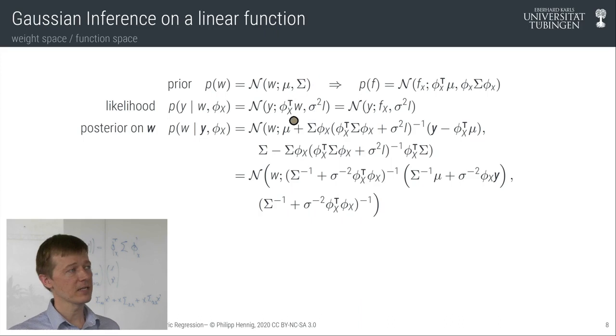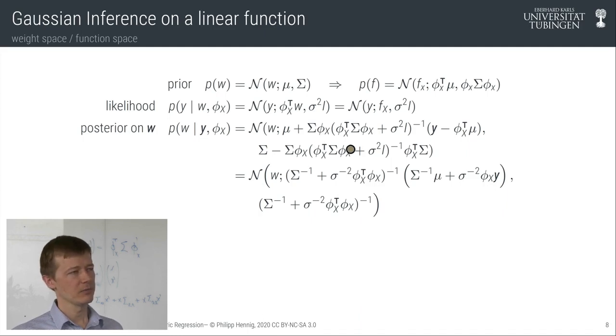If you read out what the expressions are, you can just plug in the concrete values we have in our model now and see that the posterior on the weights is going to be a Gaussian with a mean that is given by the prior mean on the weights, so what we guessed the weights to be before we got to see the data, plus the covariance matrix of the weights times the feature vector of the training data from the right.